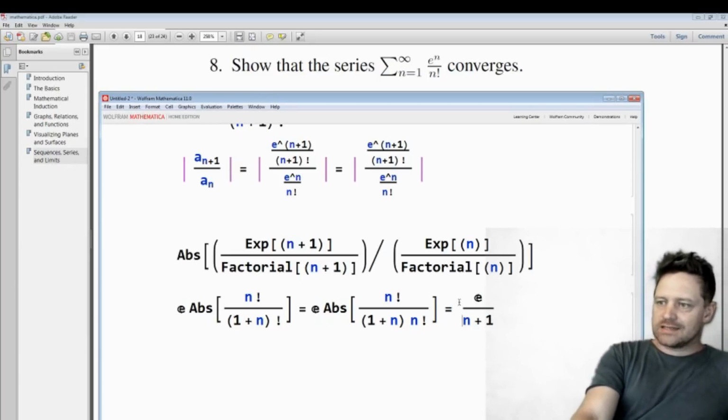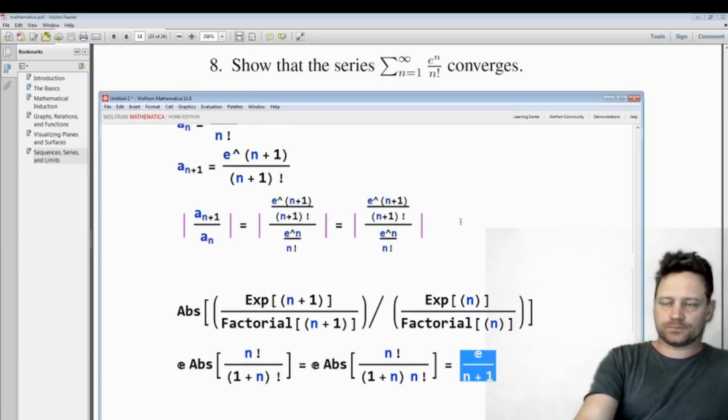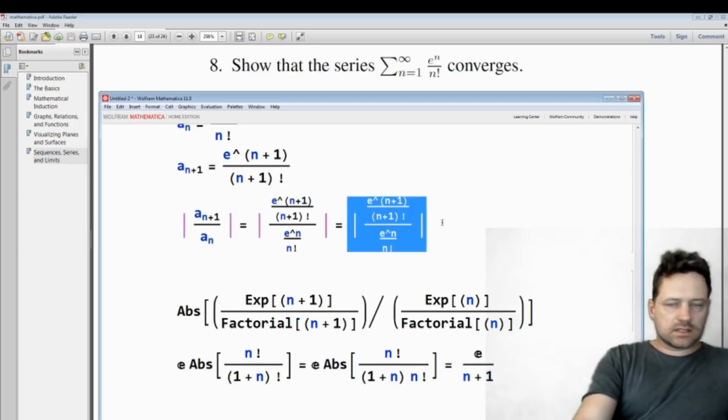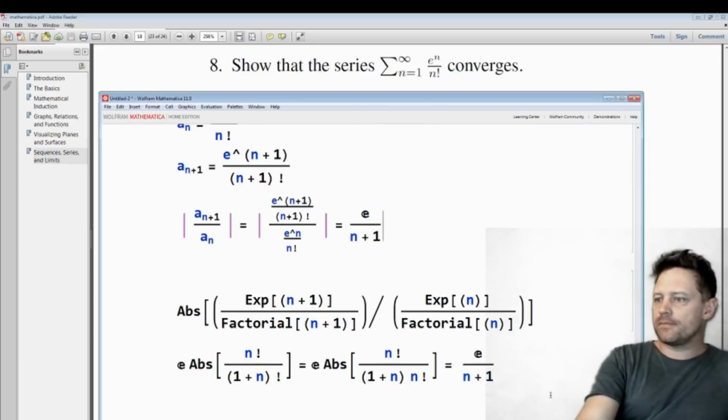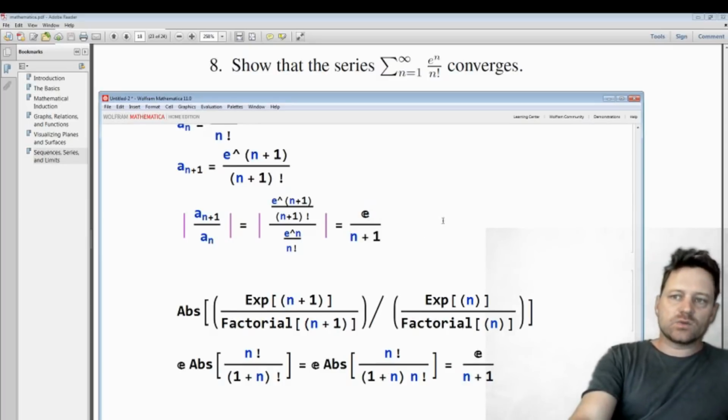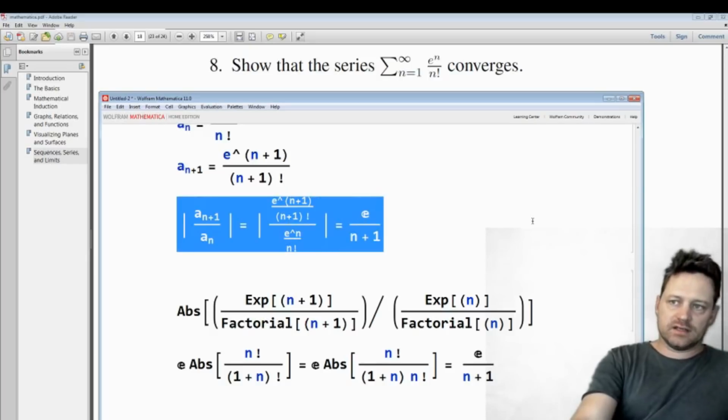Okay, so that is the absolute value. Now I'll copy this and go back up here and paste that there. Next we want to consider the limit as n goes to infinity of this.